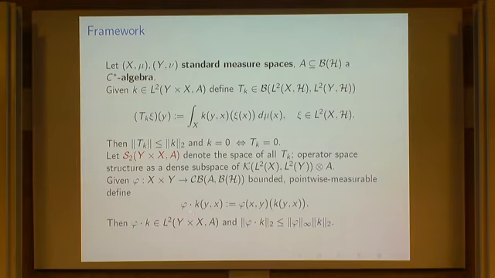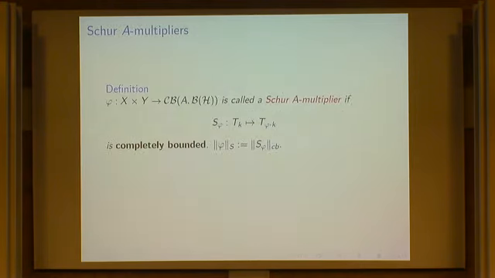Well, phi has values in CB maps on A, and k has values in A, so you can just apply the map phi on k entry-wise. That's the natural thing to do. Again, it is certainly a bounded map in the L2 norm, and whenever it is a completely bounded map in the corresponding operator norm, then you declare it a Schur multiplier, precisely the way we did before.